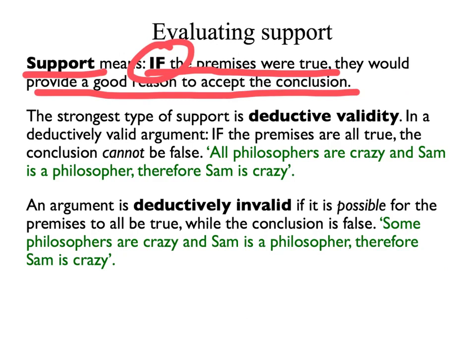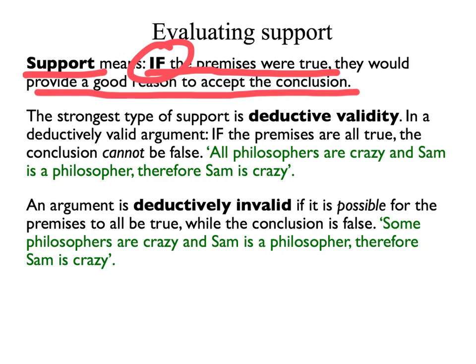Premises support a conclusion when, if the premises were true, they'd give you a good reason to accept the conclusion. Premises may or may not be true, they may or may not be acceptable. That's why the condition of acceptability is an independent condition for an argument to be a successful one.